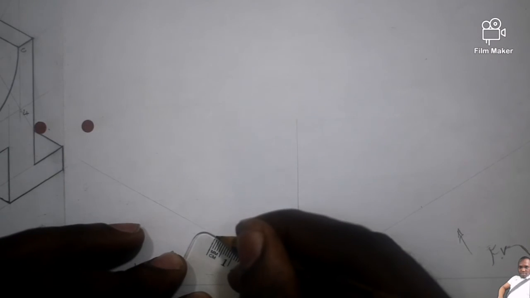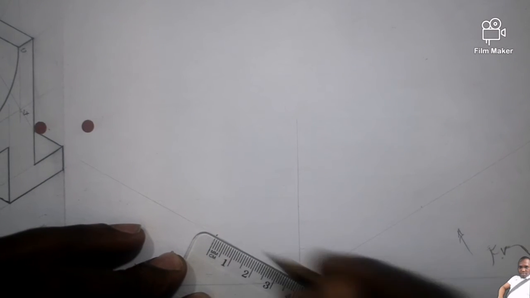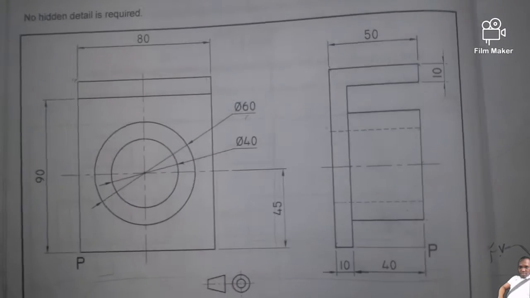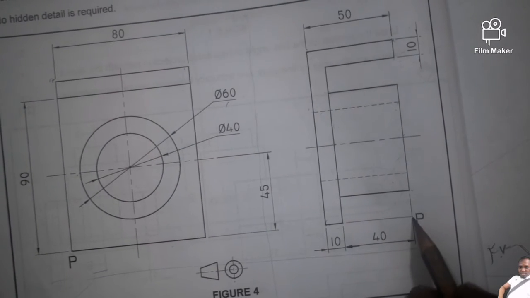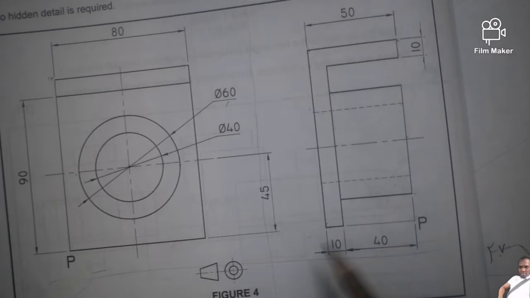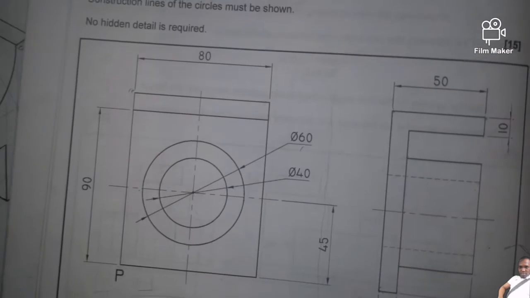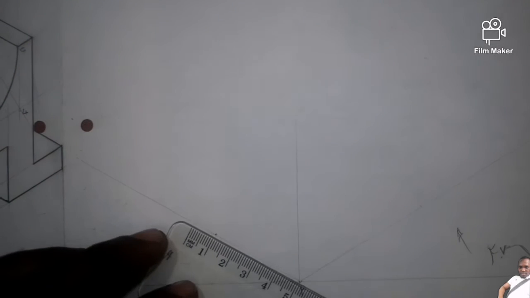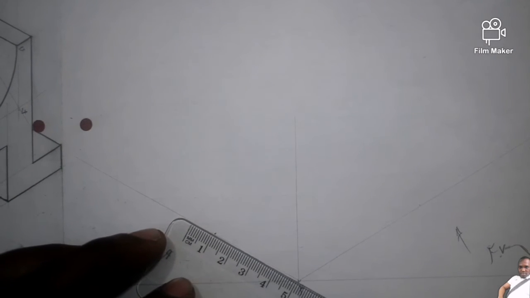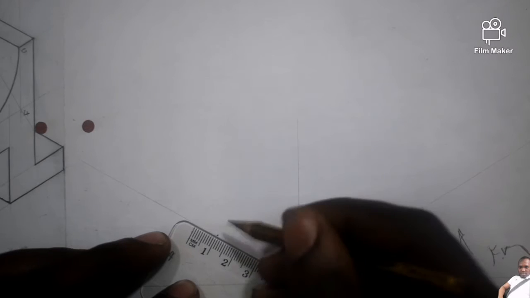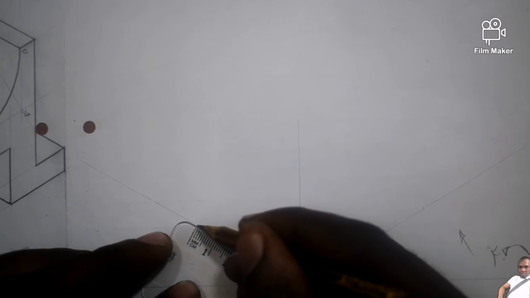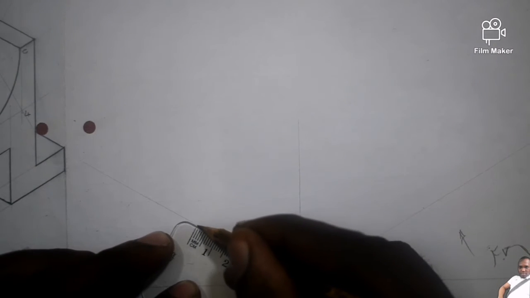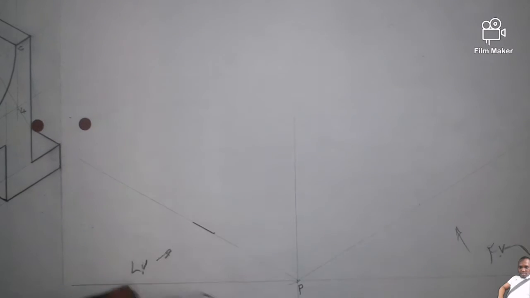And I am not going to draw any line yet. Why? Because from point P till there is no bottom solid line. Then from where the 40 ends, there is a dimension of 10 millimeter. So from where 40 ends begins 10, from here till there is 10, and I can even draw it dark now, this one.